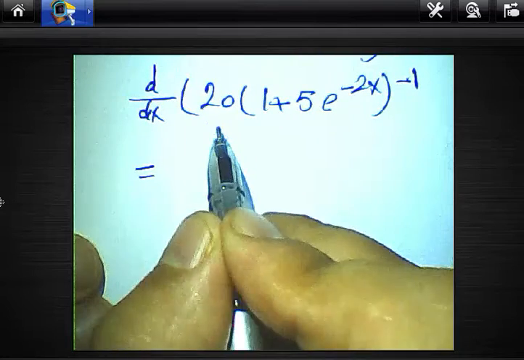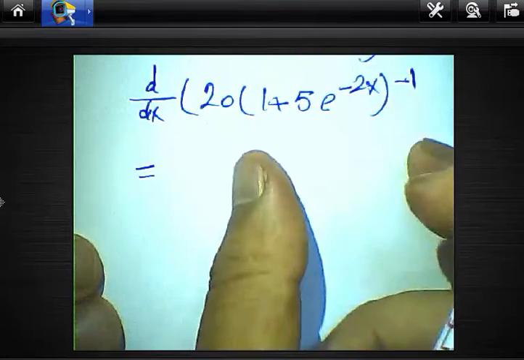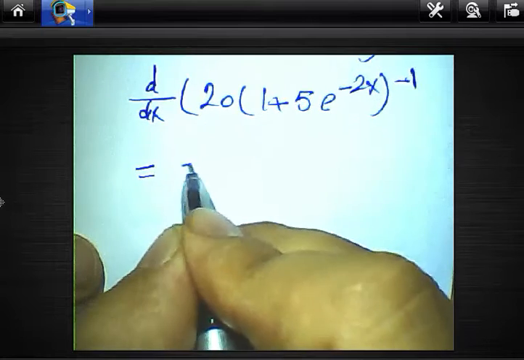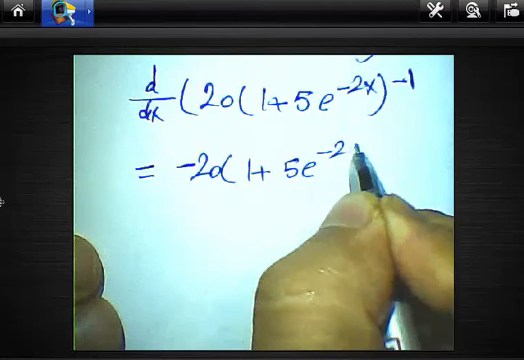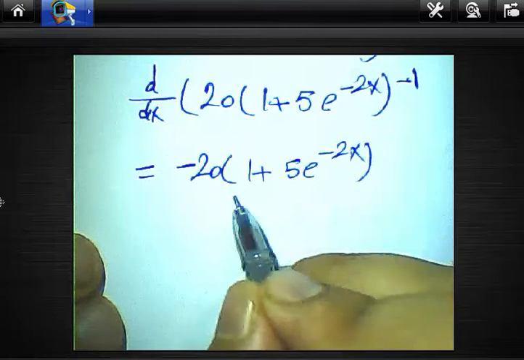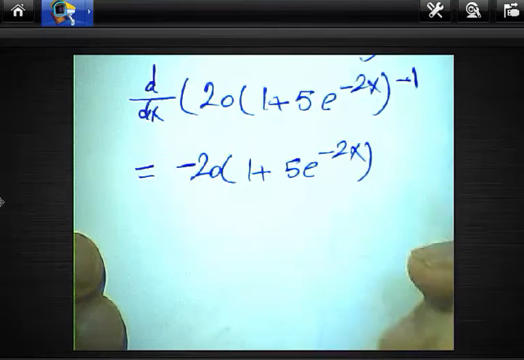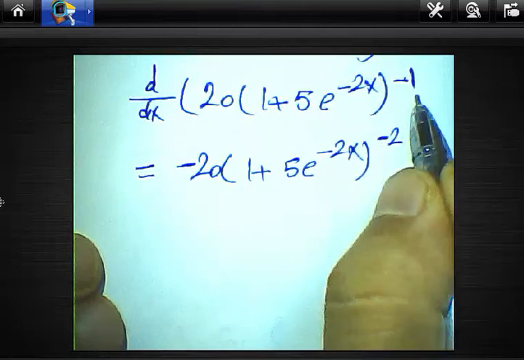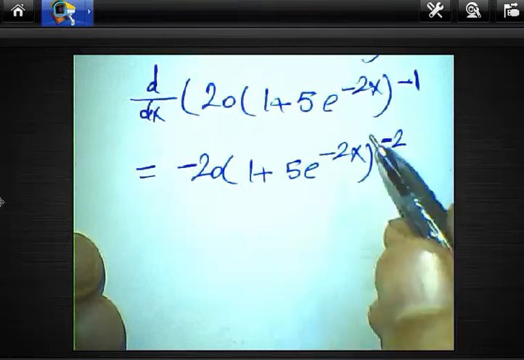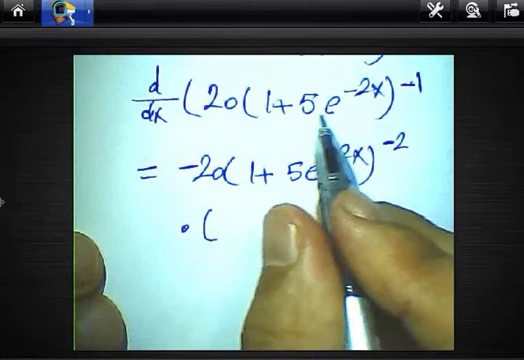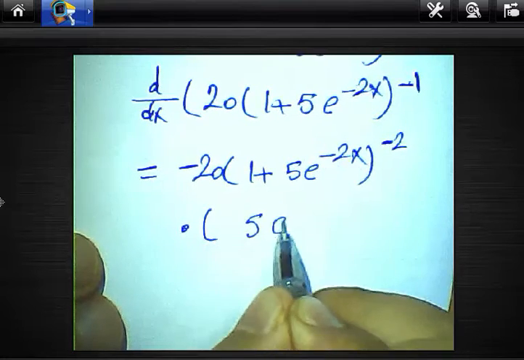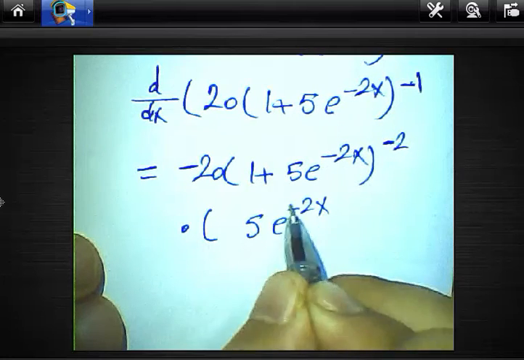We know 20 is a constant in this expression, so we must drop the power. The result will be negative 20 multiplied by 1 plus 5e power negative 2x, multiplied by the derivative of the function, but this power will be negative 2 because we must drop the power and subtract 1 from this power. Then the derivative of 1 equals 0. For the derivative of this function we write 5 outside, e power negative 2x multiplied by negative 2 from this power.